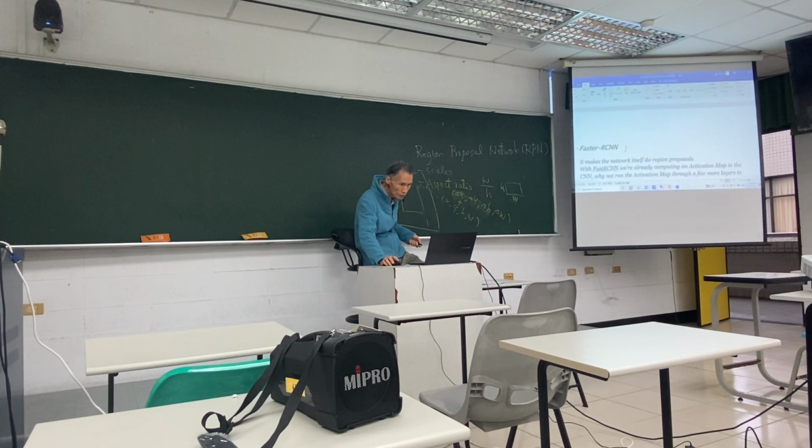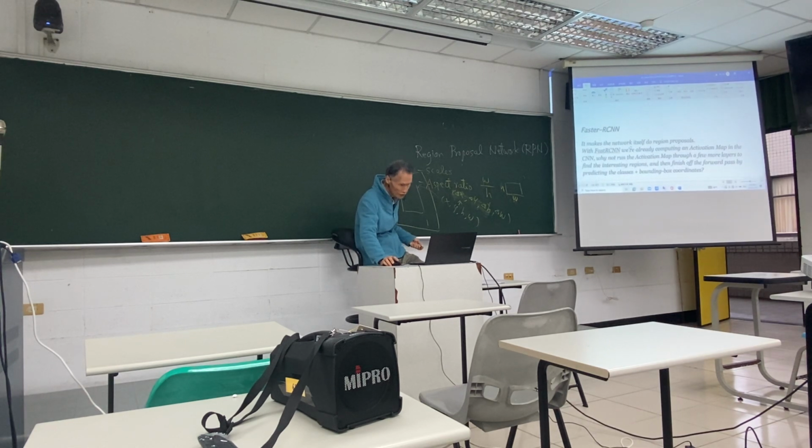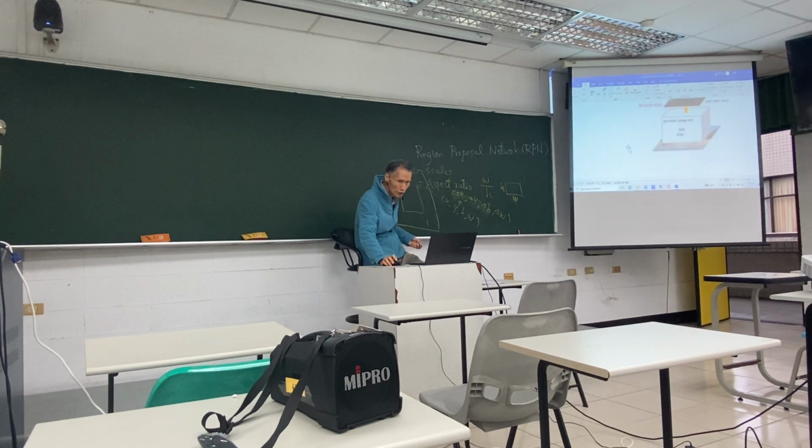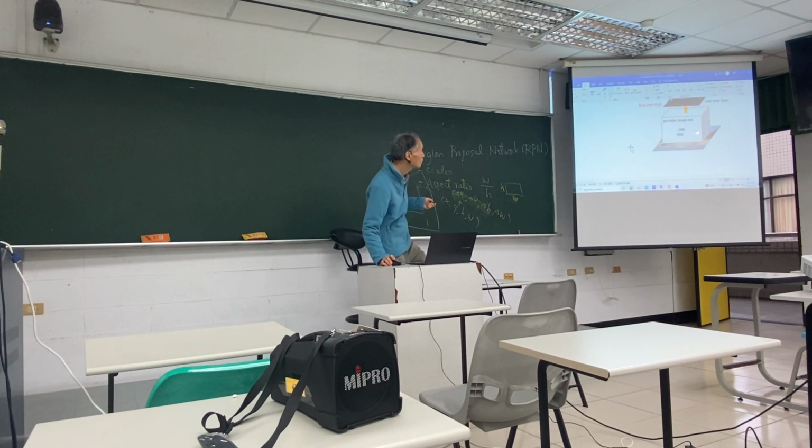Okay, so that's the Faster RCNN. This is how it goes. We input to one single convolutional neural network. Actually, it uses a VGG.